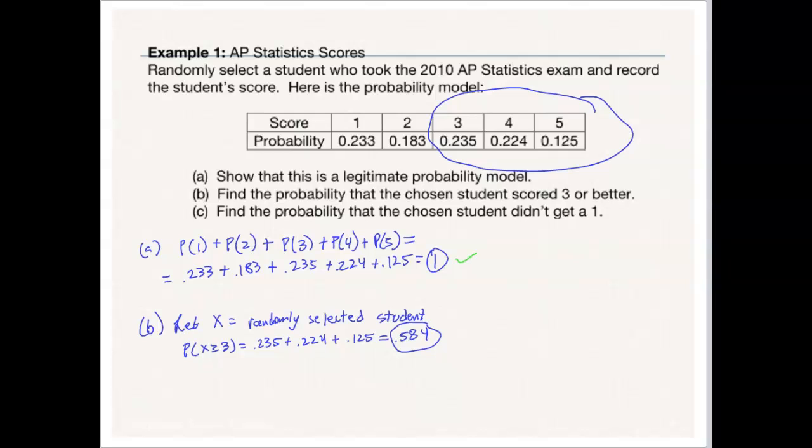All right, find the probability that the chosen student did not get a 1. We can translate that to the probability that x is greater than 1, right?